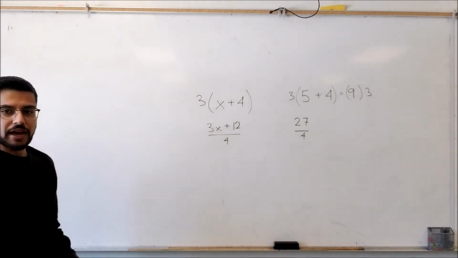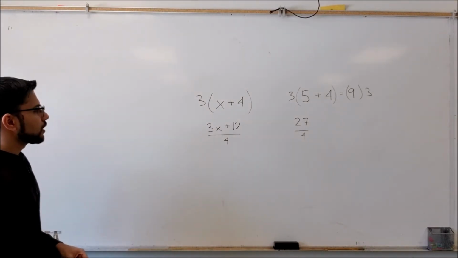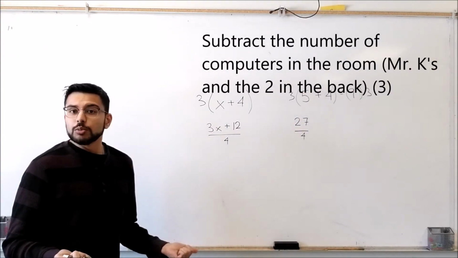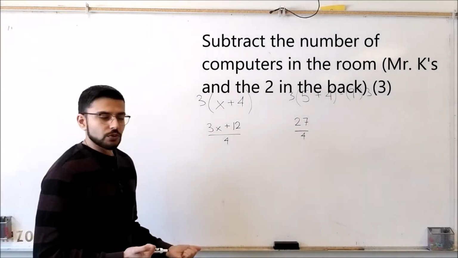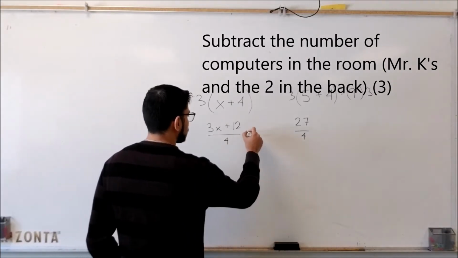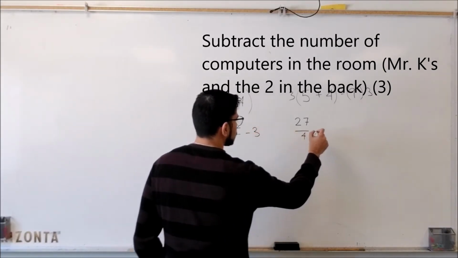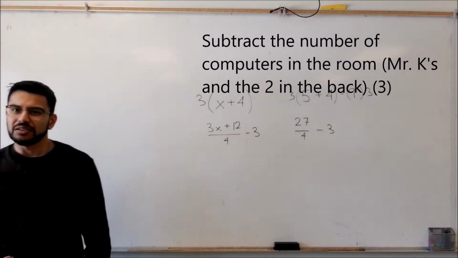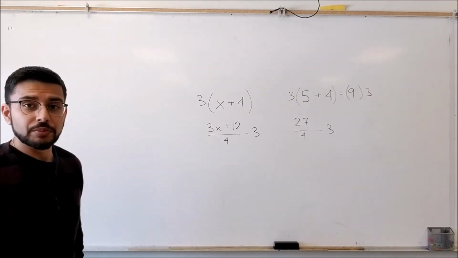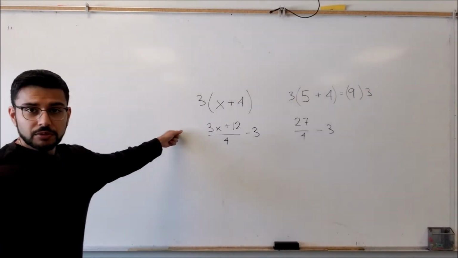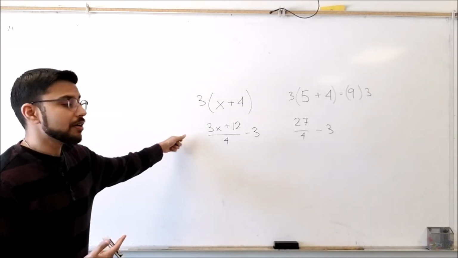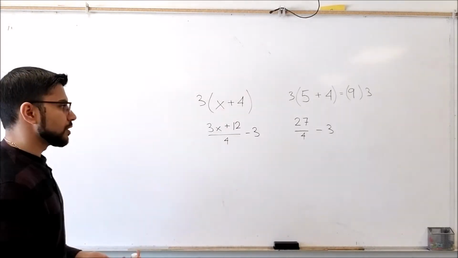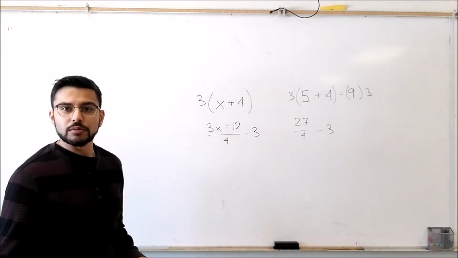So then we keep on adding some things in. How about after dividing, we subtract the number of computers in room 104. It looks like it's getting a little bit mathy here, but remember, we have a variable on our side, so we can't really do anything here, but they don't have any variables, so we could use our rational numbers here and subtract 27 over 4 minus 3.